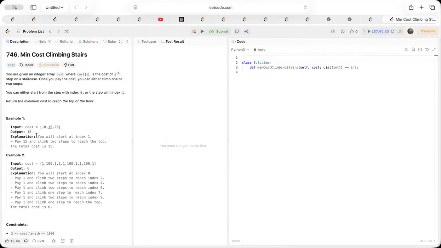We'll start at index 1, pay 15, climb 2 steps, reach the top. Total cost is 50. Return the minimum cost to reach the top of the floor. I can see that in this solve, we must use recursion.